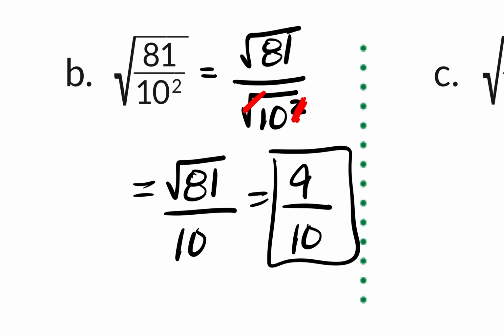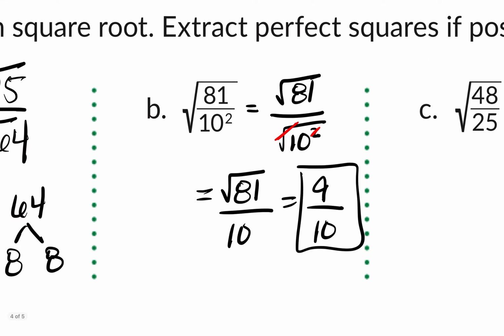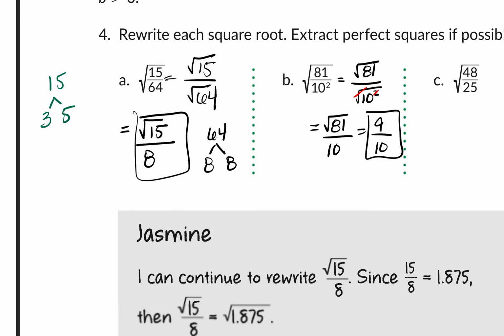Here, square root of 81 over the square root of 10. Now let me erase this so you can see. When you have a squared and a square root, they cancel each other out. So you're just left with 10. And again, the square root of 81 is 9. So that's how you get those.